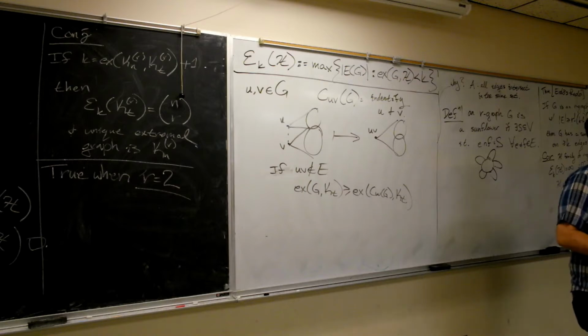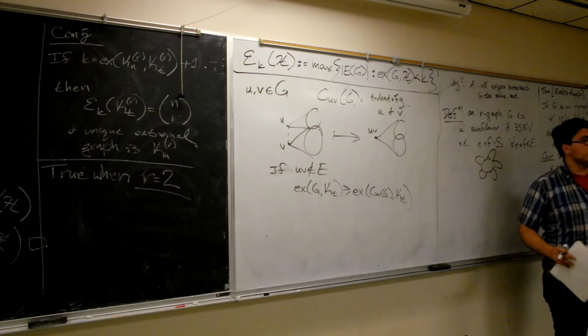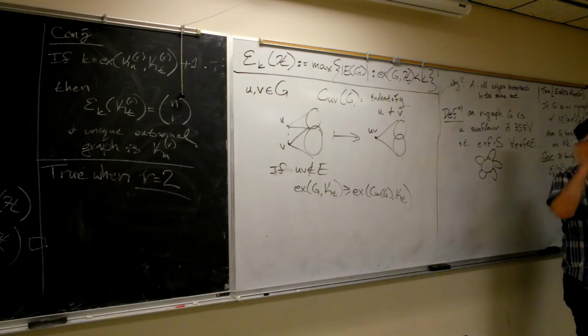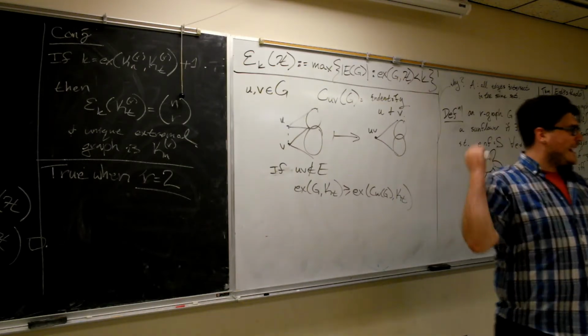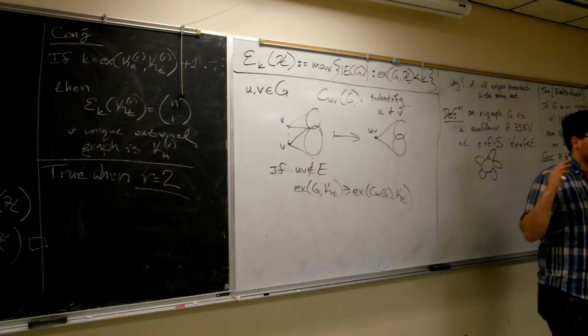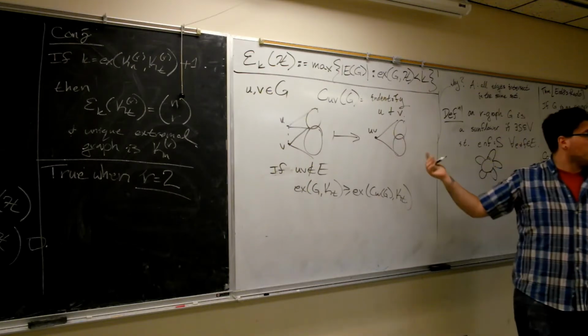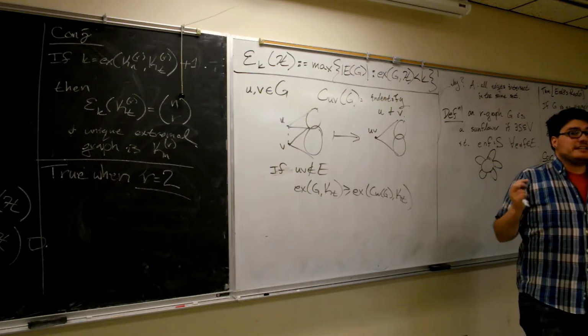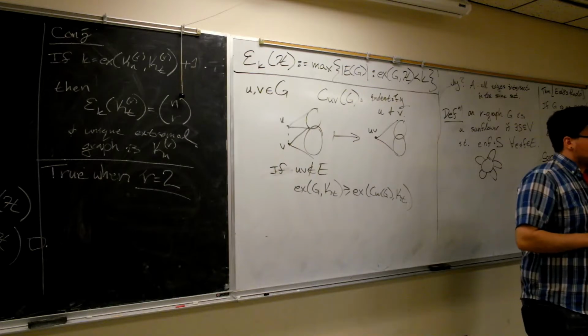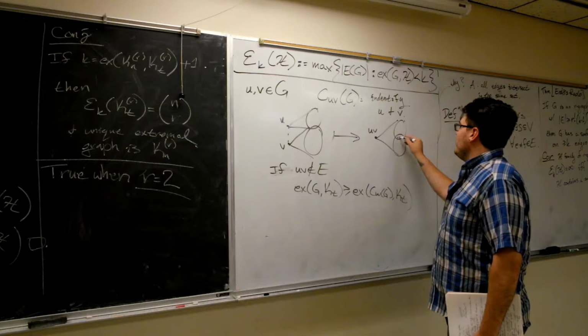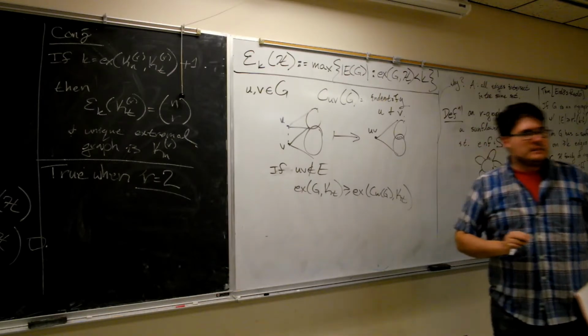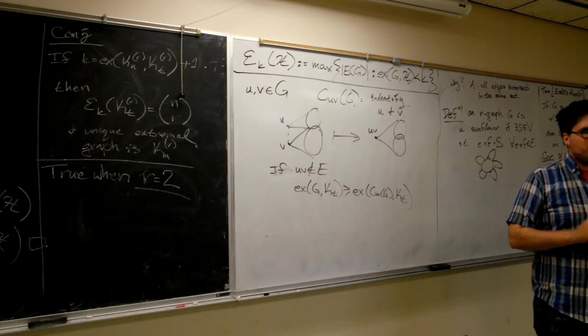I can only make my extremal number smaller. It's only easier to get cliques. But there's an issue. We care about the edge count with respect to the extremal number. But what if U and V had lots of common neighbors? We've deleted a lot of edges doing this. So Ryan's question of what should we do with multiple edges? Well, that's a bit of a tricky question.